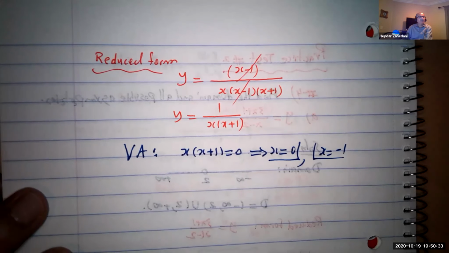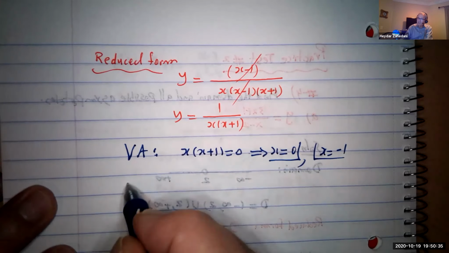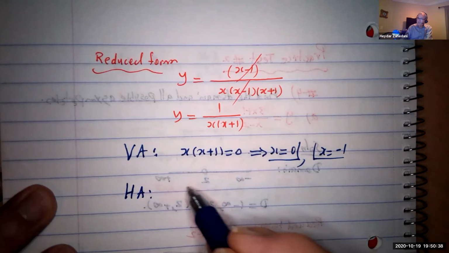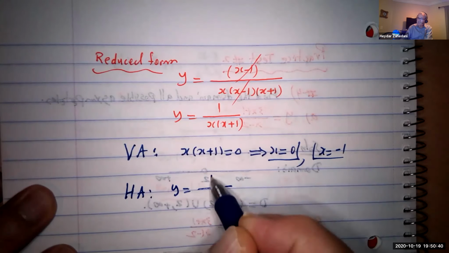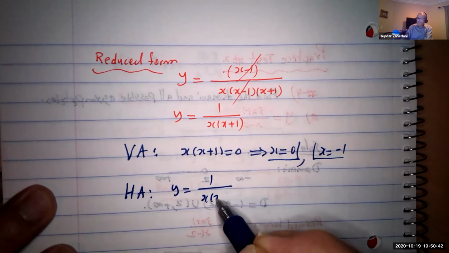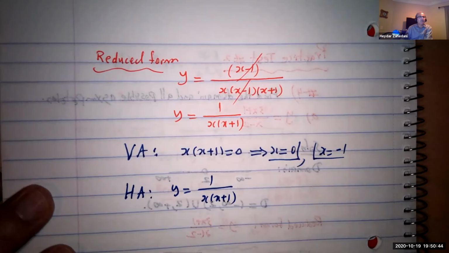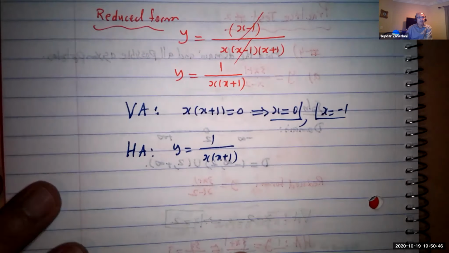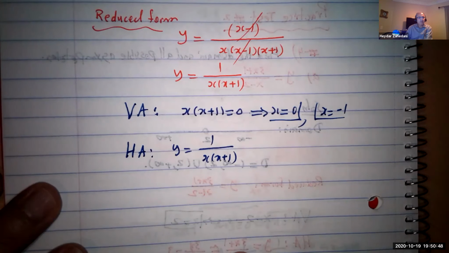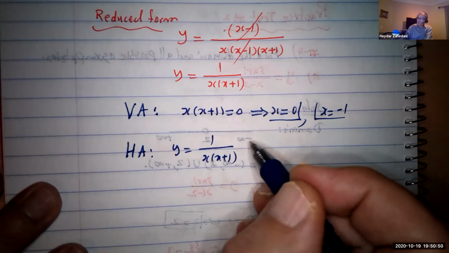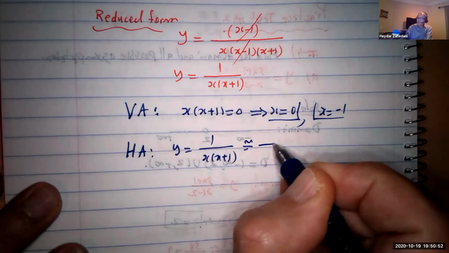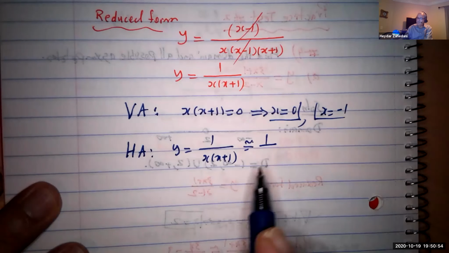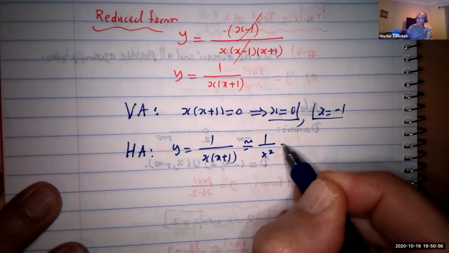So this is going to be the case. Horizontal asymptote. You see, you shrink it, or quickly you can say that the degree of the bottom is higher, so it's 0. Okay, even if you shrink it, you see, 1 over x squared goes to 0.